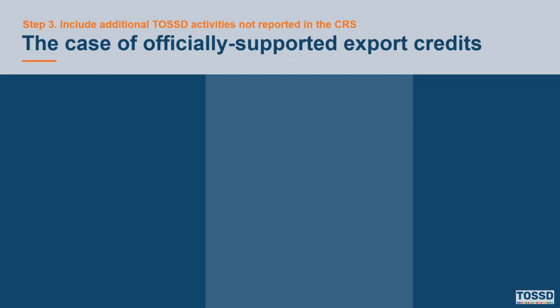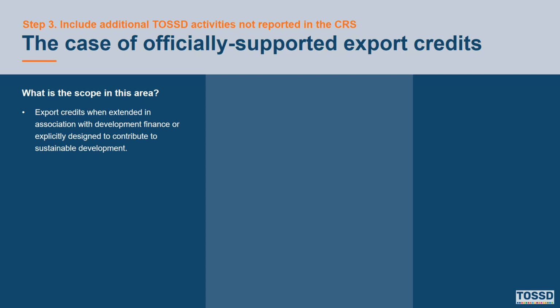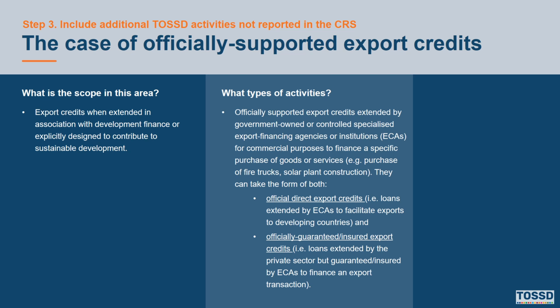Providers can include additional TOSSD activities in the area of officially supported export credits. The scope of this area are export credits when extended in association with development finance or explicitly designed to contribute to sustainable development.